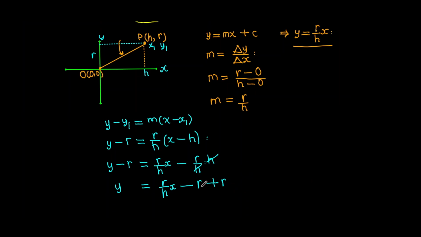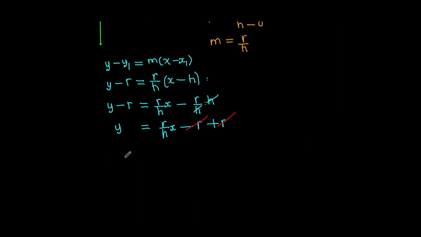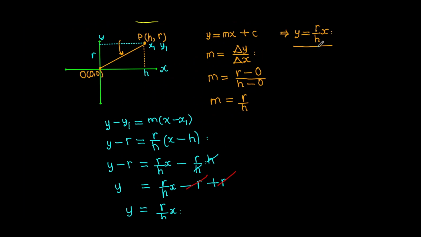Now you can see clearly that the negative and positive r will cancel, and that is why the value of y is r over h x. Exactly like what we got before when we assumed that our point O is at 0, 0, therefore the y-intercept is 0. So in case you do not want this reasoning, you can go ahead and formally use the formula to get the equation of the line between O and P.